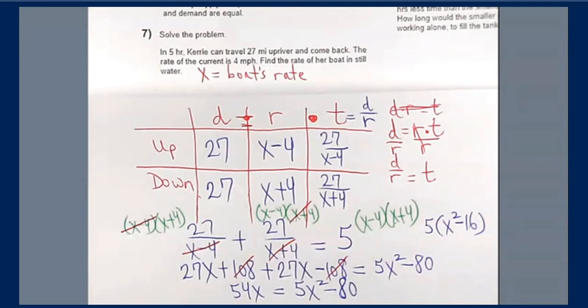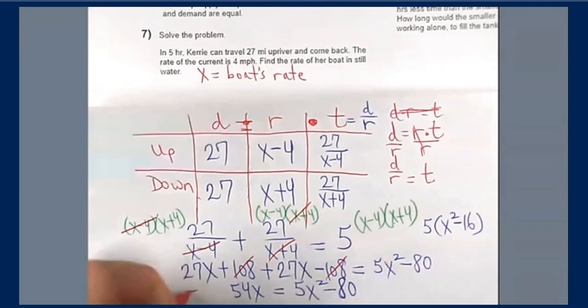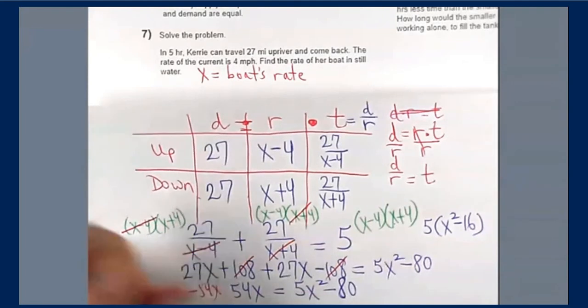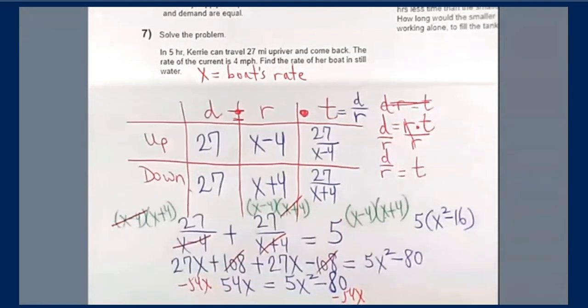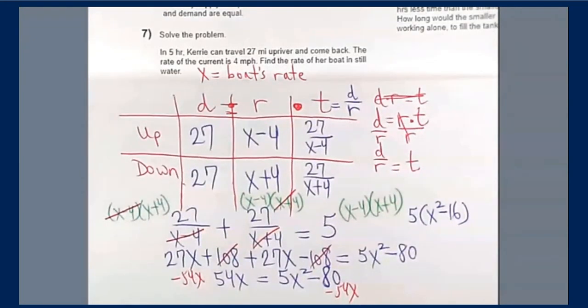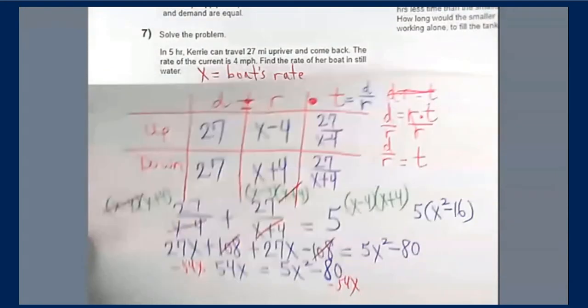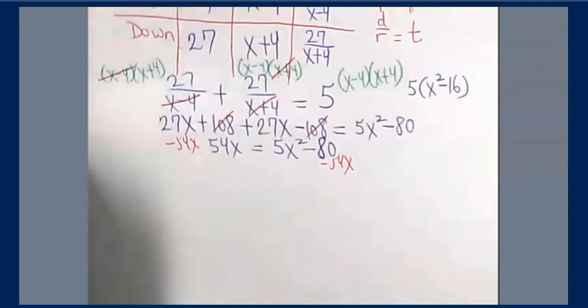Now, in order to solve this quadratic equation, we need all of our terms on one side and 0 on the other side. So let's subtract 54x from both sides. Now I'm going to lift this up so you can see the rest of the steps.